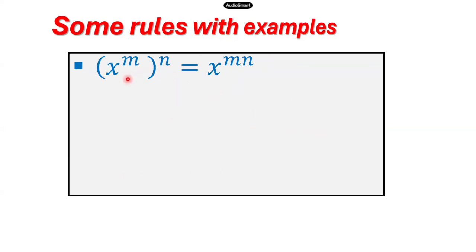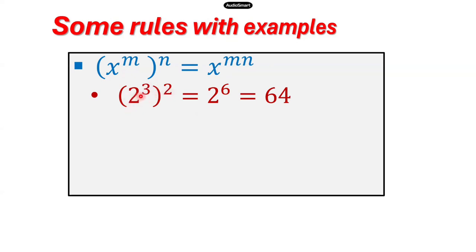And the second rule is x to the power m, and then in brackets, power n. That will be the same as x to the power m times n. For example, 2 to the power 3, all to the power 2. This is the same as 2 to the power 6. You can calculate it by computing 2 to the power 3 first and then applying the power.